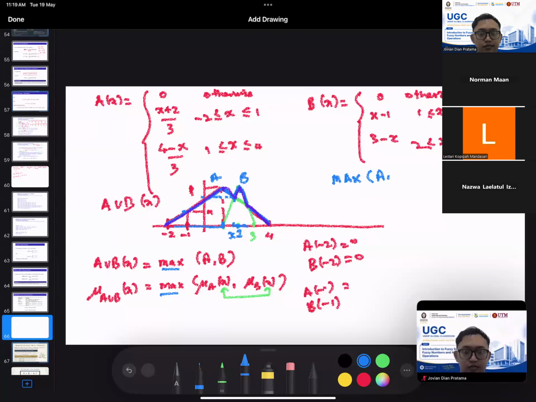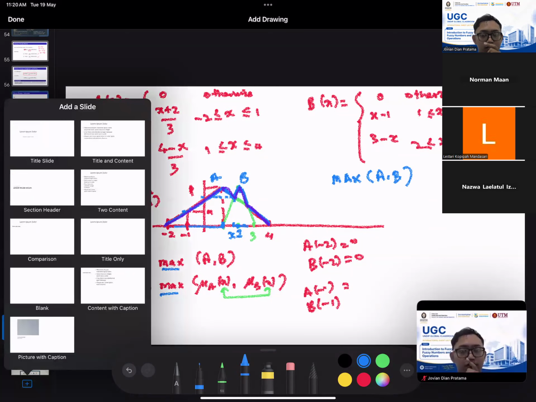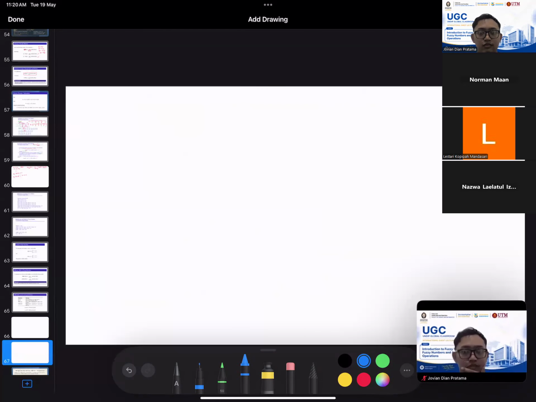Because we are using a different formula for this one. Maximum, maybe I do it on a different page. Maximum with a capital letter between A and B. So we are looking for a different z.